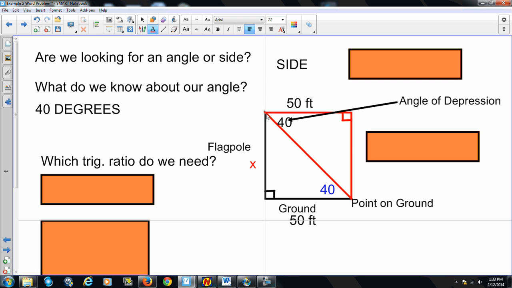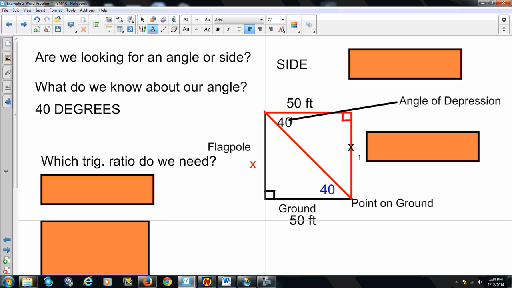So the distance on this horizontal has to be 50 feet as well. Either way, this 50 feet is helping make this angle of 40 degrees. So this has to be my adjacent. And I'm going to put another x over here.